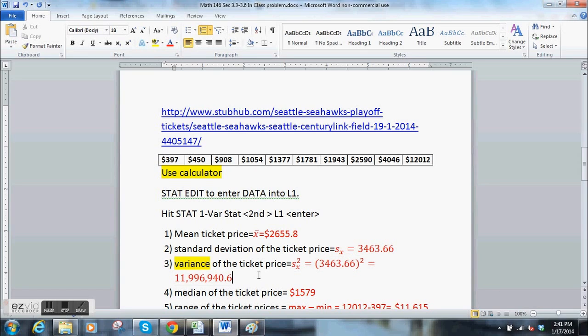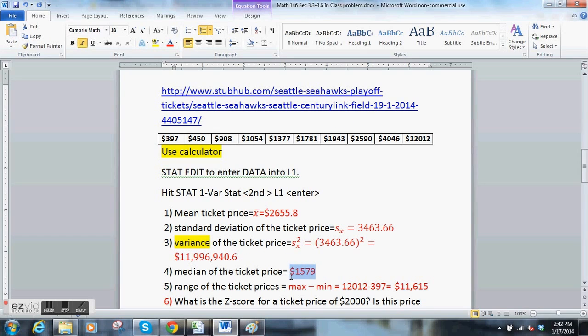And when I did that, I got 11,996,940.60 as the variance. The variance is hard to interpret. That's why we usually talk about the standard deviation. So the average ticket price is $2,600, and a typical deviation from this is about $3,000. So there's a pretty wide range of ticket prices.